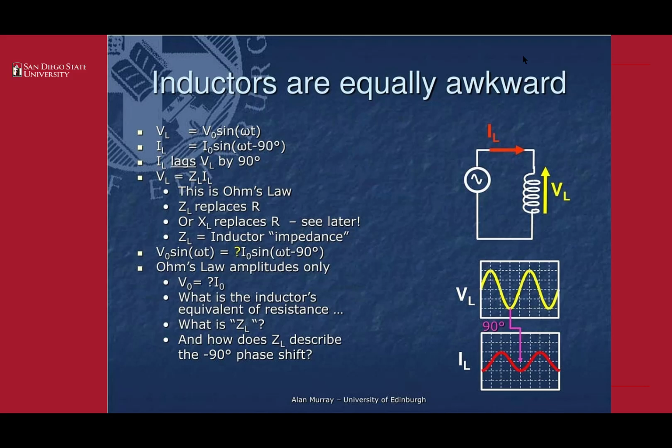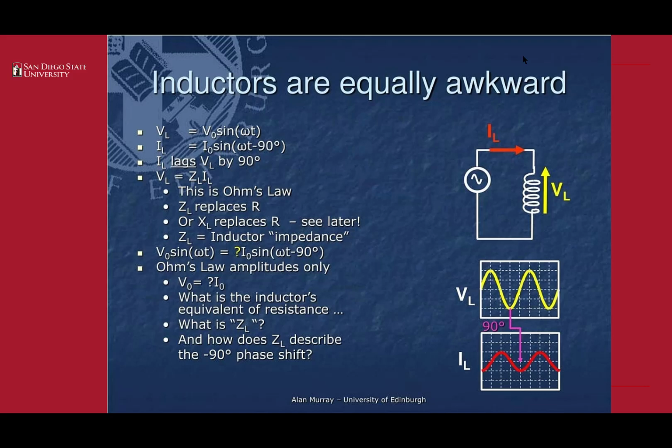However, here we only have one inductor, so XL must be equal to ZL, which is the inductor's impedance, and it is the inductor's equivalent of a resistor's resistance.